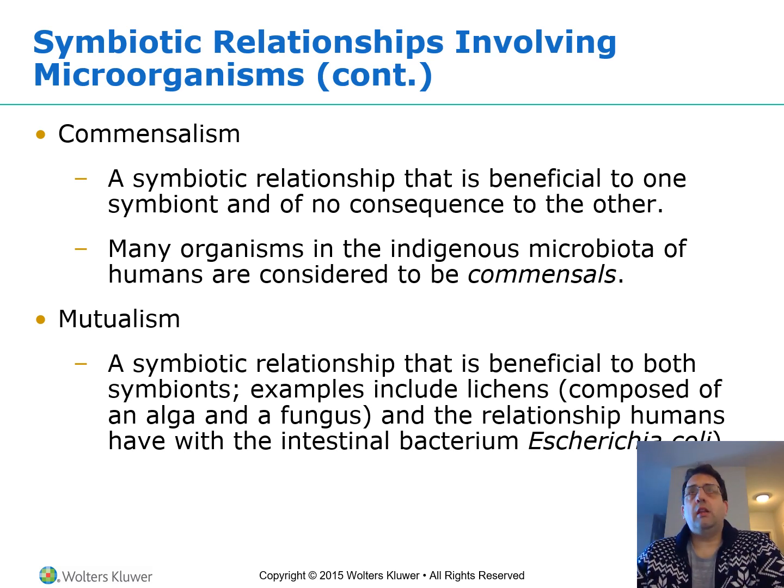In humans, a lot of the bacteria that live in us provide benefits for us, and we obviously provide benefits for them, like E. coli. Certain versions of E. coli and certain versions of other bacteria in our guts will make nutrients and vitamins for us or help us digest food that we can't digest ourselves. And we obviously provide them a source of nutrients and a place to live.